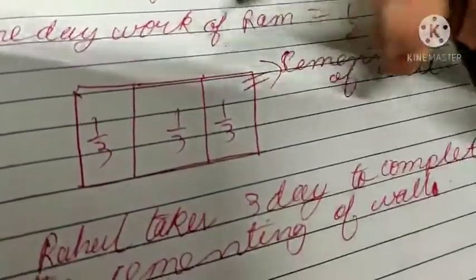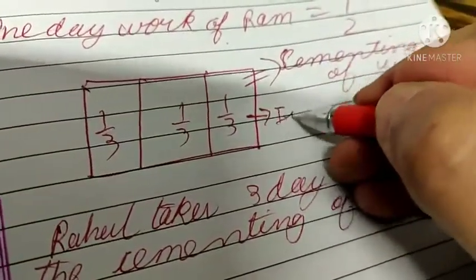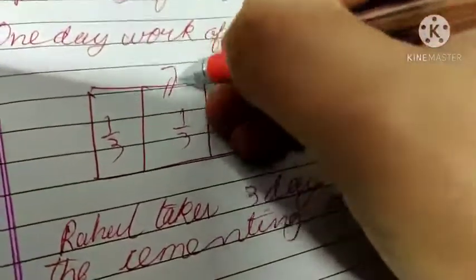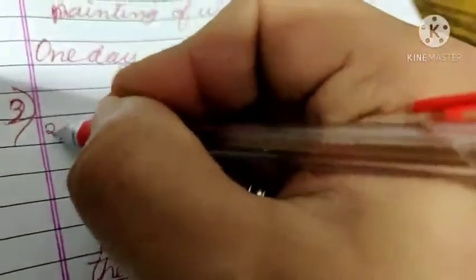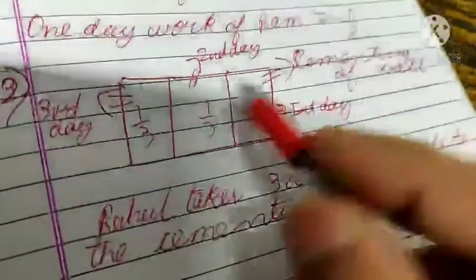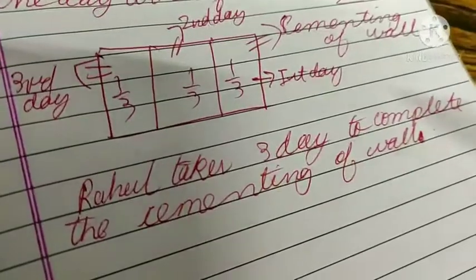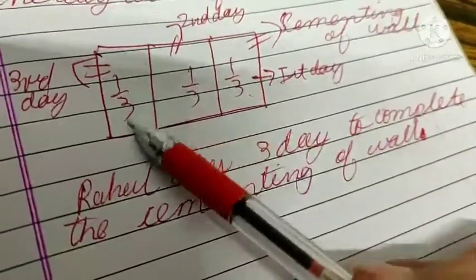Means by doing 1/3 work on the first day, this was the second day, and this was the third day. Rahul takes 3 days to complete the work, and on each day he might be completing an equal part of work. So on the first day it is 1/3, second day 1/3, and third day 1/3.